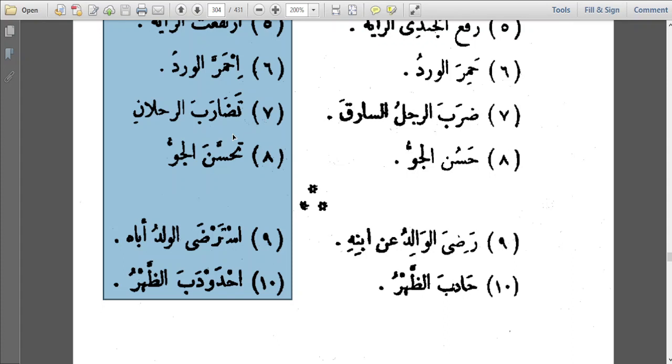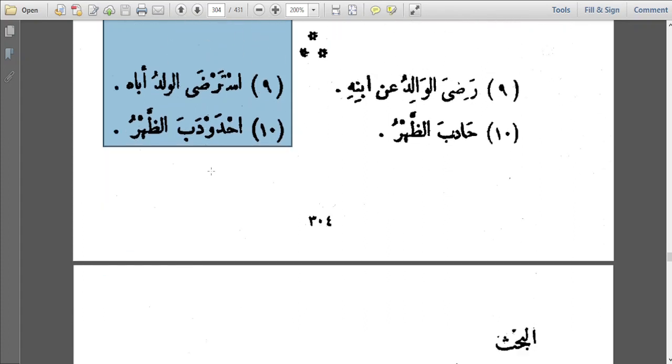And then it can also become tafa'ala. Tahassana. These are the meters you can have when you want to add two letters to a three radical verb. And then you have istaf'ala. Istarda. And then you have ihdawdaba. If'awwala. These are also the meters you would have if you want to add three letters to the verb.